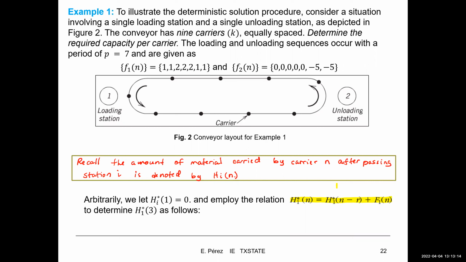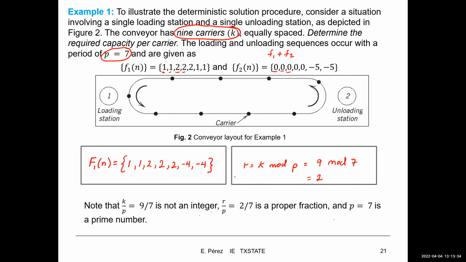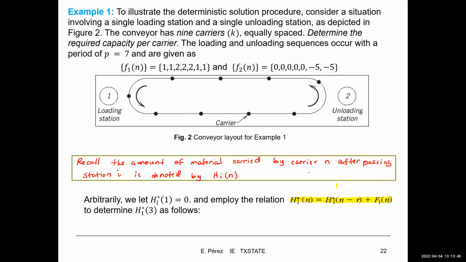So we're going to determine H1 star of 3 as follows. So you have to go back here. You noted R as 2, right? We found that R equals 2.